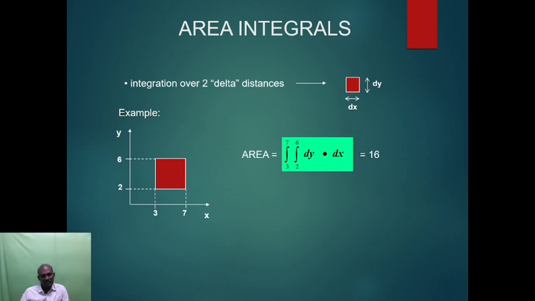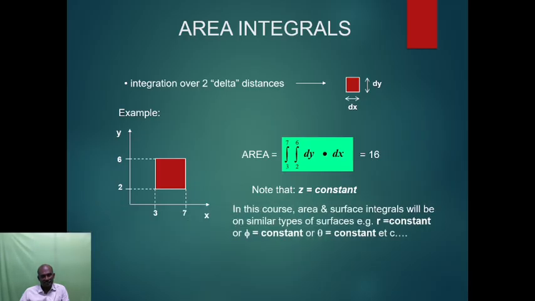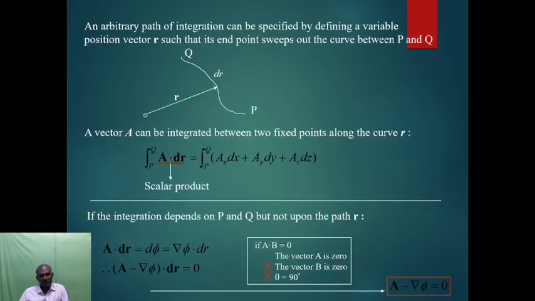From 3 to 7 the distance is 4, and from 2 to 6 it is also 4, so 4 into 4 is 16. Z is constant, so there is no variation in the z direction. In this course, area on surface methods will be on similar types of surfaces. R is constant, or phi is constant, or any one is constant in an area integral or double integral.